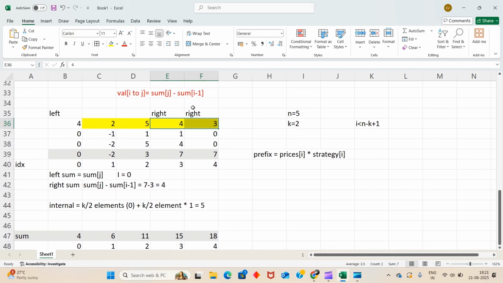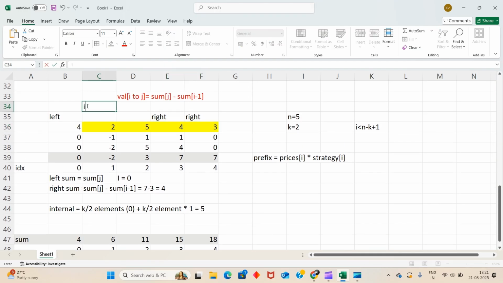Okay. Let's say this is my i. That this will be what? i plus k. Because this will be our window. Now i plus k.